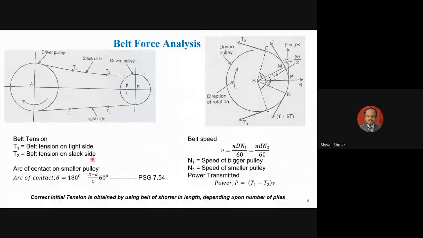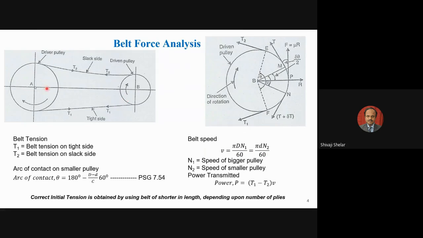The angle of contact considered while doing this calculation is theta equal to 180 degrees minus (D minus d) upon C into 60 degrees. Then the belt speed: this belt is moving with a speed. Assuming there is no slip between the pulley and the belt, the pulley speed at that surface will be equal to the belt speed. You can write the belt speed with the help of either the bigger pulley diameter or the smaller pulley diameter.